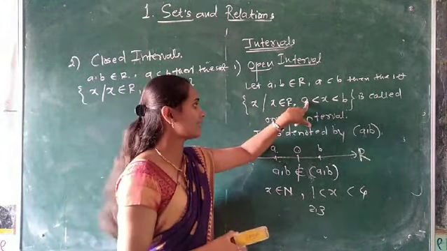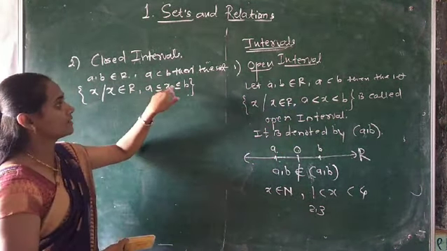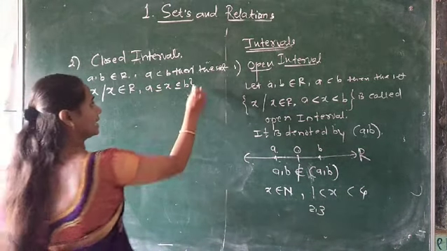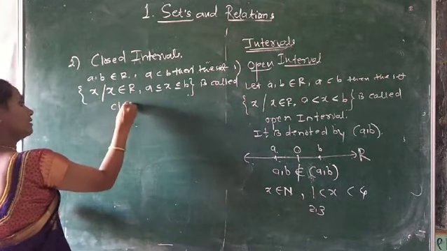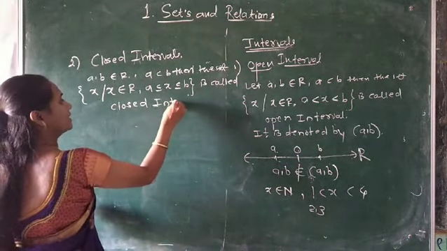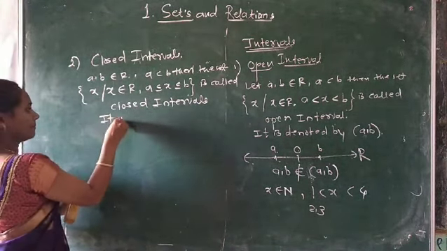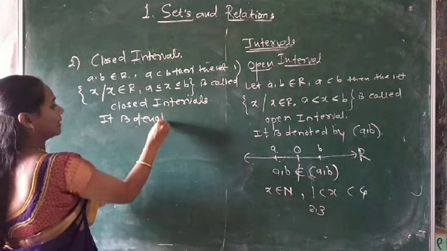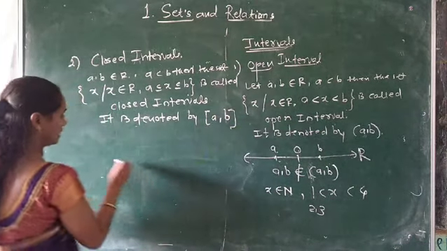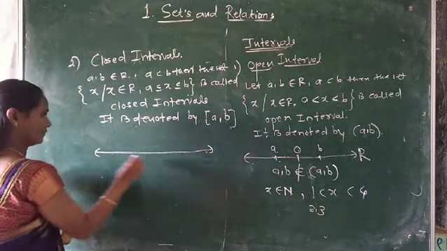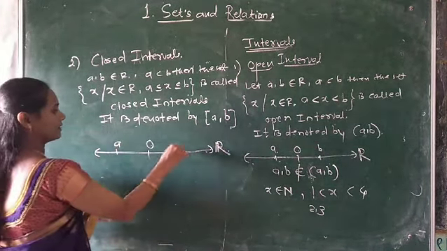In the open set we write A less than X less than B, and here we write A less than or equal to X less than or equal to B. Then it is called a closed interval, and it is denoted by closed AB. So again we draw one real line. Here is 0, here A and here is B.